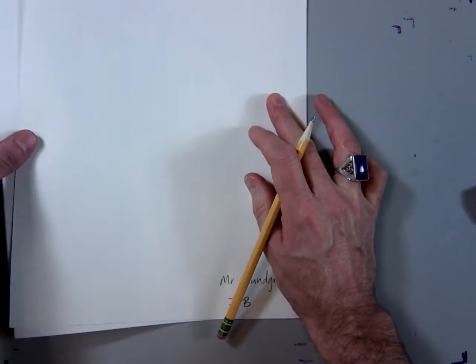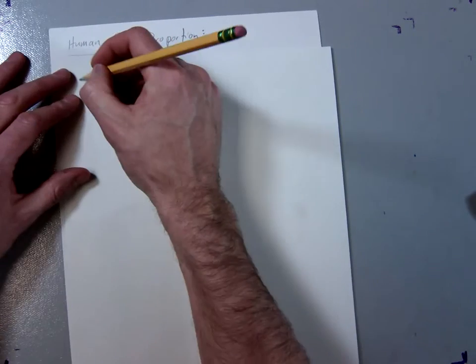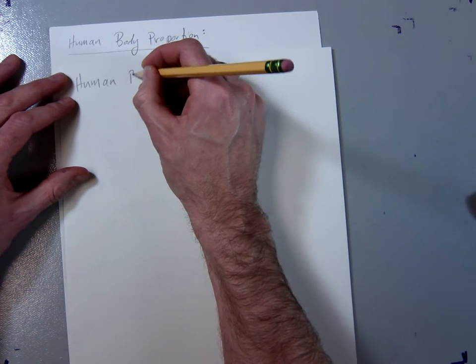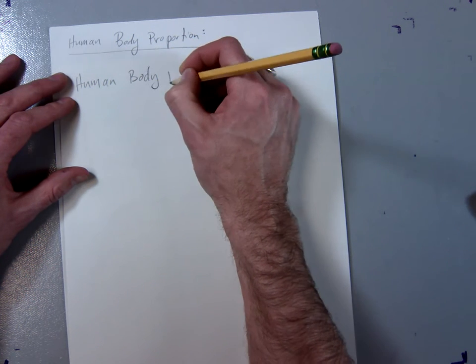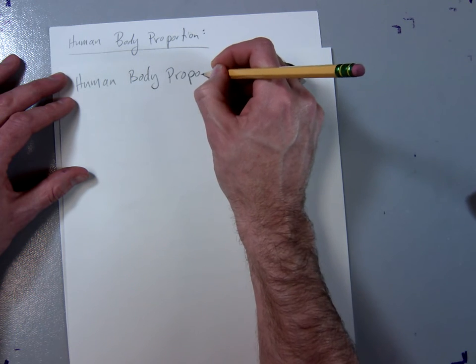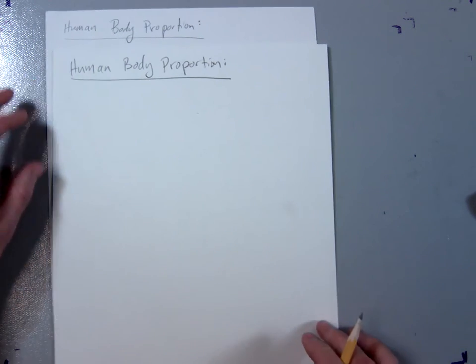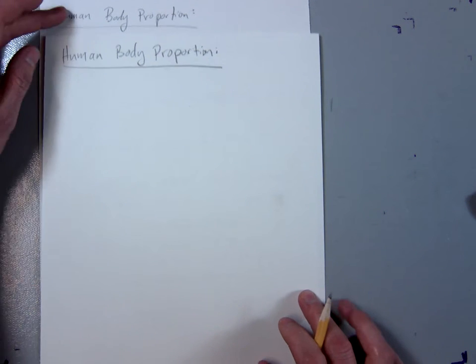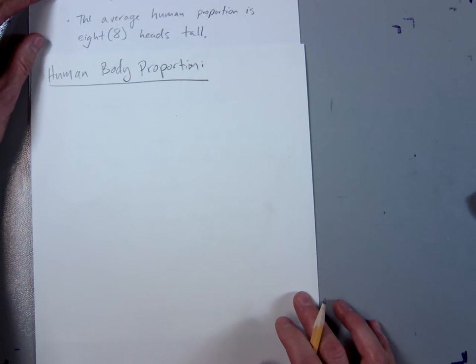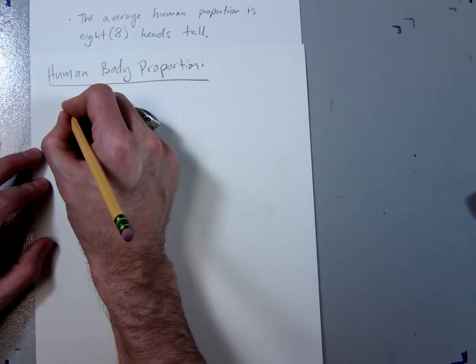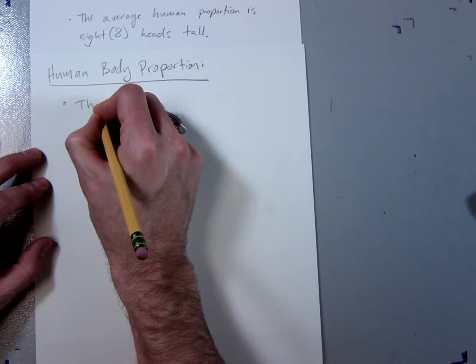Now, at the top of our paper, these are the things we're learning. Okay, we are learning human body proportion. All right, so write that down. And outside of the human body proportion, we are going to be learning that the average, and again, this is the average.